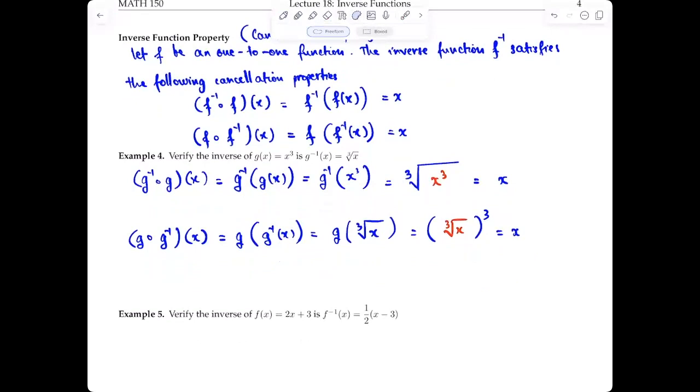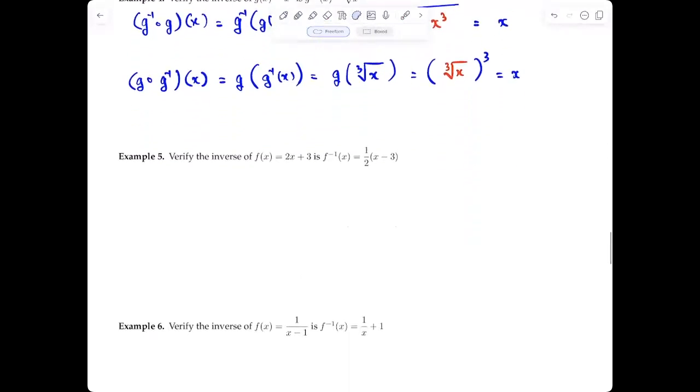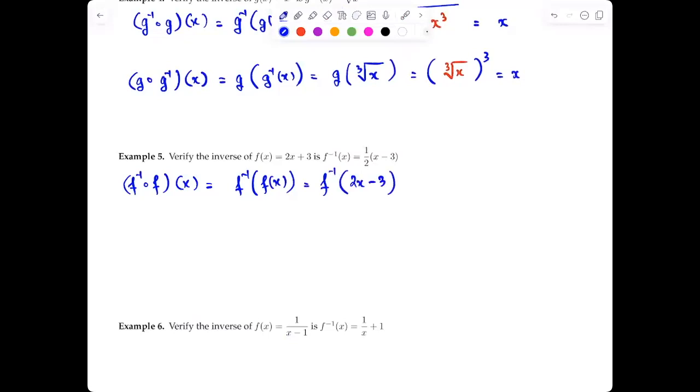Let's move on to example 5. It's a very similar concept and approach. You check the two cancellation properties. That's f inverse composed with f of x, or f inverse of f of x. So f of x is equal to 2x plus 3, and f inverse is 1/2 times x minus 3.